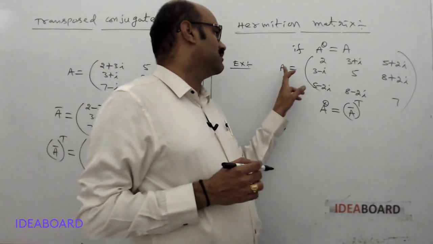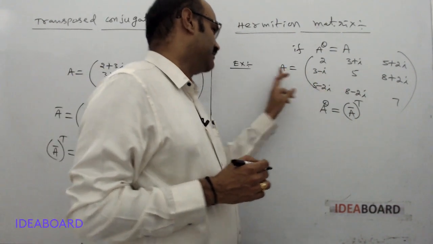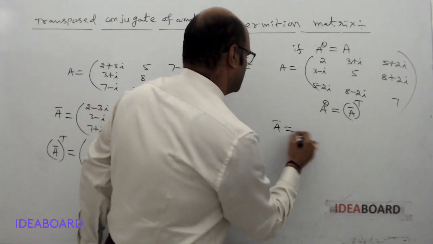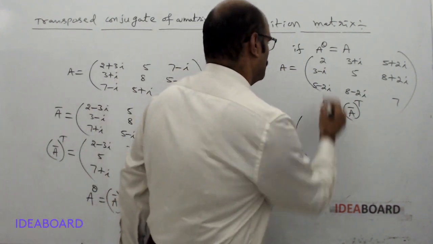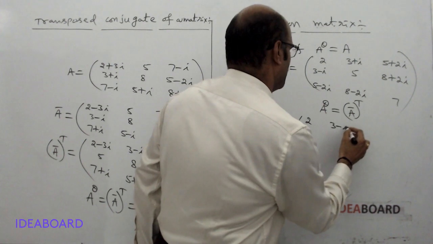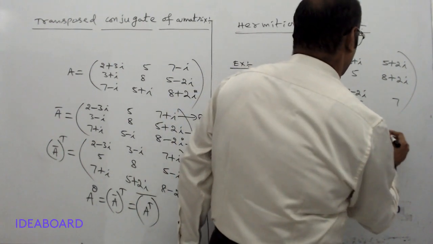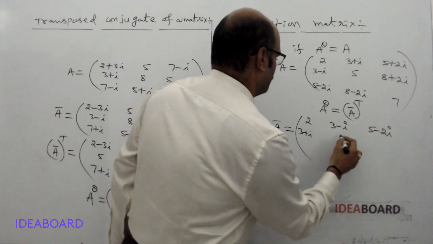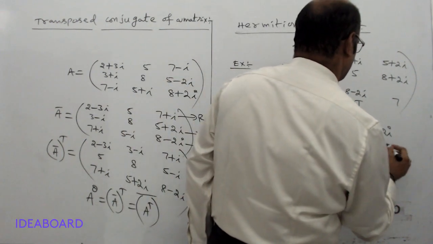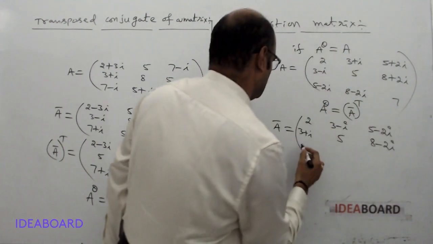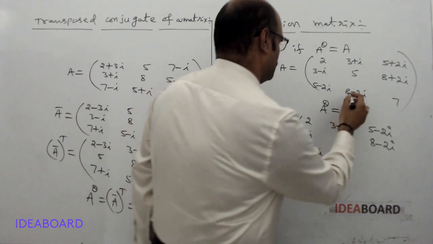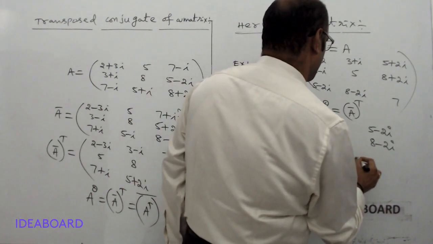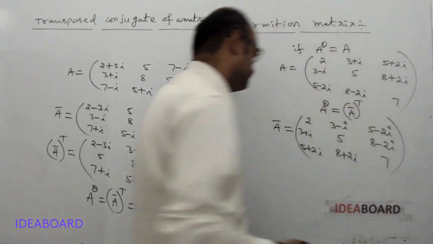Let me find the conjugate of the matrix A. The conjugate of the matrix A is A bar equal to 2, 3 minus i, 5 minus 2i, 3 plus i, 5, 8 minus 2i, 5 plus 2i, 8 plus 2i, 7.